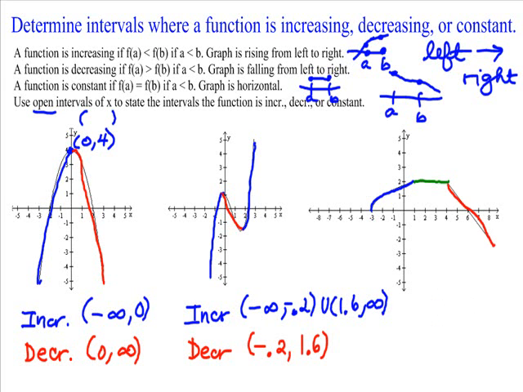At negative 3 to my x value of 1. And then we were constant between my x value of 1 and 4. And then lastly, we were decreasing from my x value of 4 on to the right, which is to infinity.